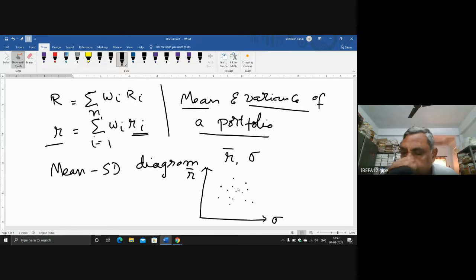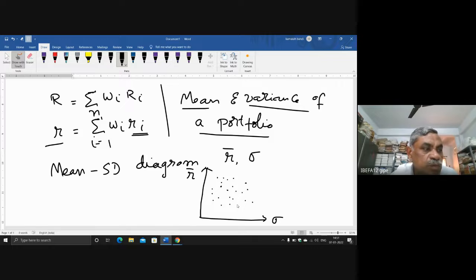But different assets may have different characteristics. Some assets have low risk but high return, and for some both return and risk would be high. But in any case, conceptually, any asset can be plotted in this mean variance diagram.